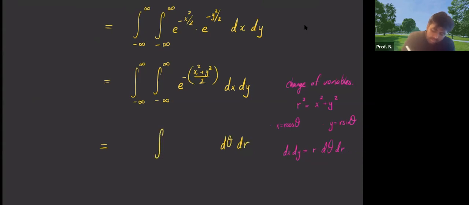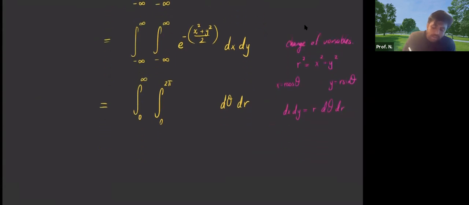So then the interval for theta is 0 to 2 pi. Pardon me, 0 to 2 pi is for theta, and r goes from 0 to infinity. Now, why is this the case?